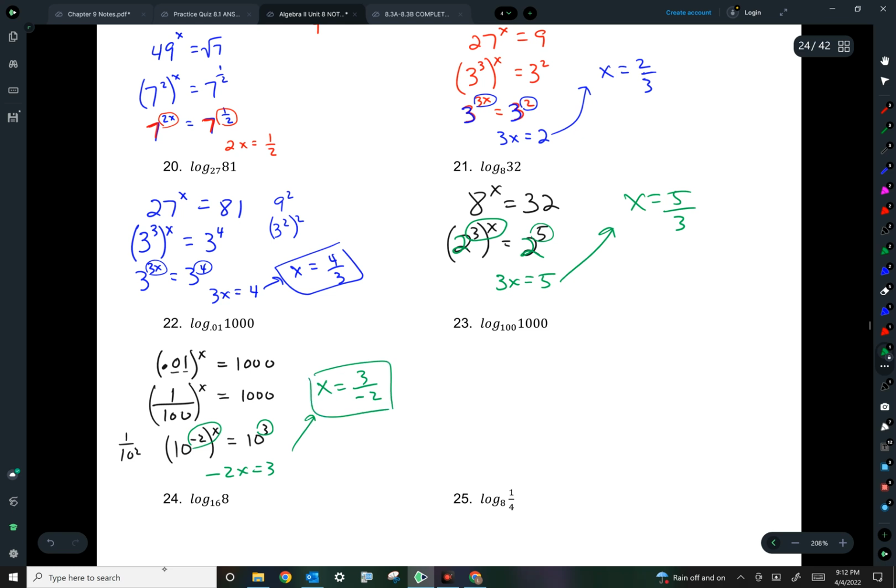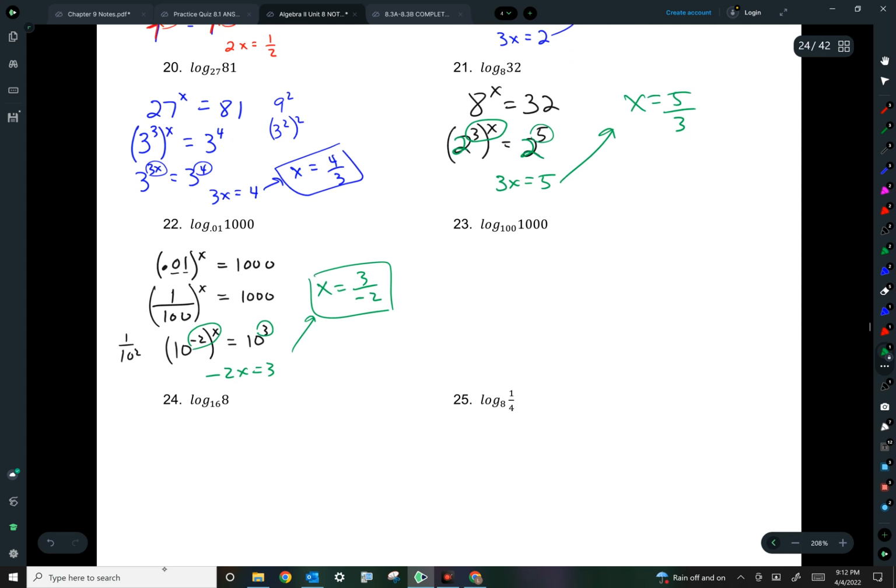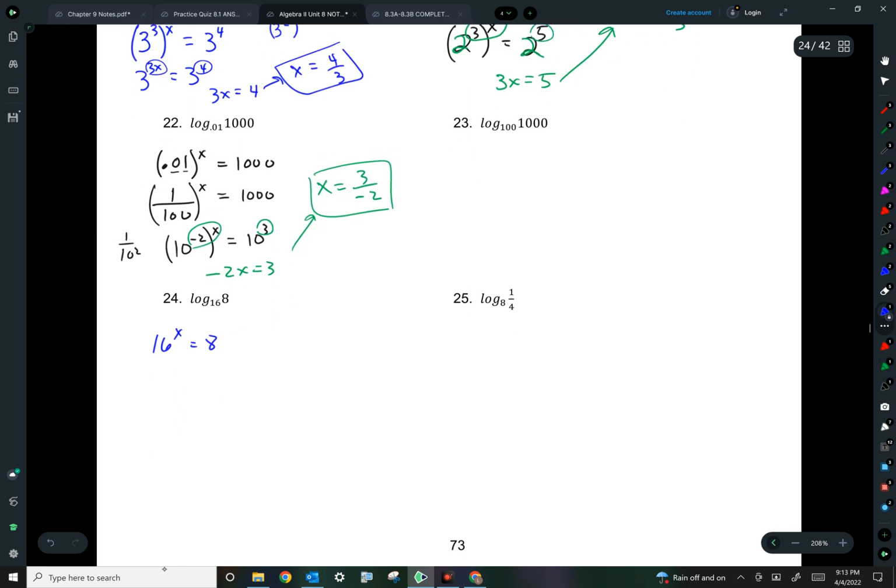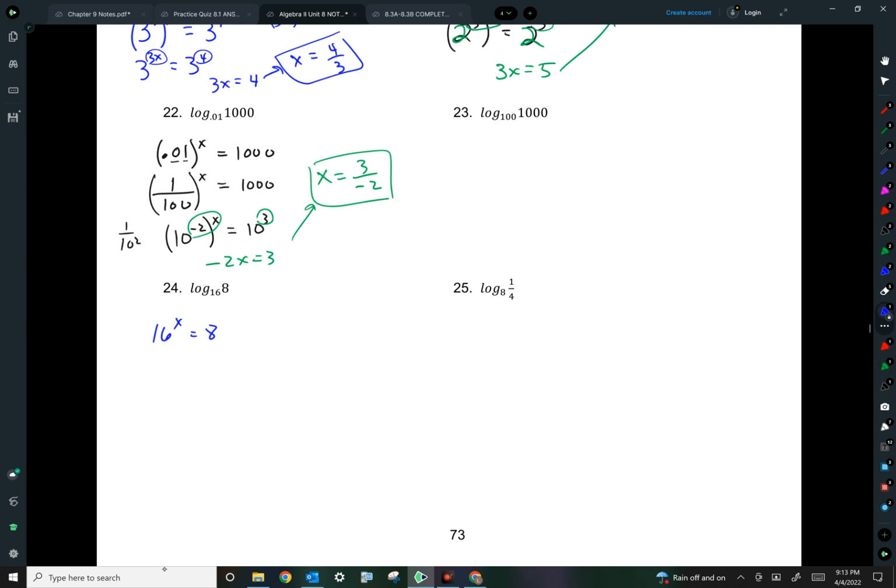Okay. A lot of examples here. How about we go to number 24? So 16 to some power equals 8. Yes, I could write 16 as 4 squared, but 8 is not a base of 4, right? 4 to no power equals 8. I do know that 8 is 2 to the 3rd.